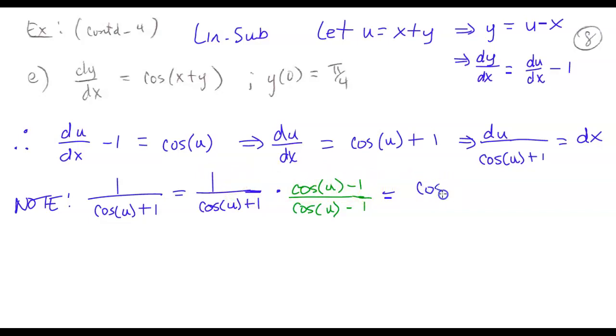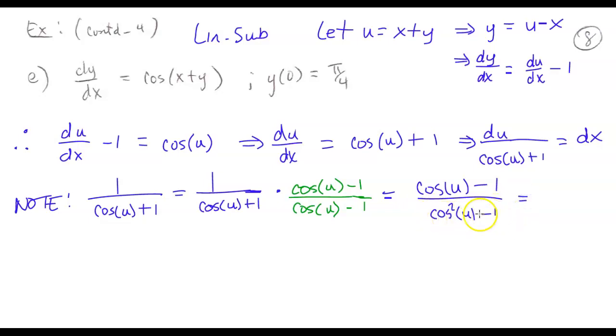So this means that I'll have cosine of u minus 1 in the numerator. And of course, in the denominator here, remember how we said that cosine of u plus 1 times cosine of u minus 1, all that was going to be cosine squared of u minus 1. So I'll go ahead and write that.